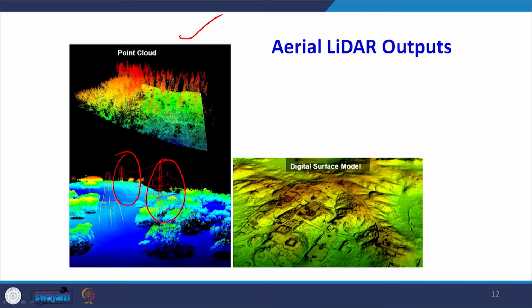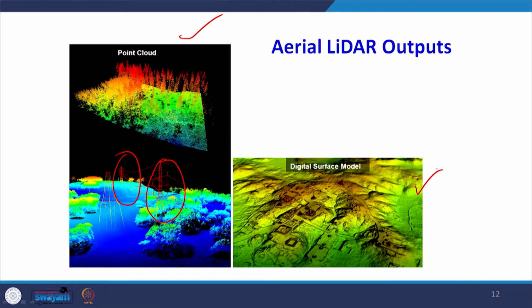So you can determine the height of the structures, and then you can create a digital surface model. This is a digital surface model which has been created with the help of the data collected from the aerial platform, and these digital surface models are very useful whenever some planning is done on the land surface.